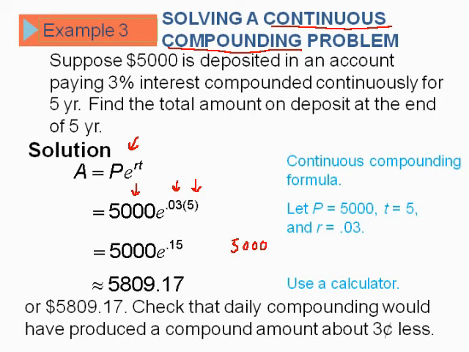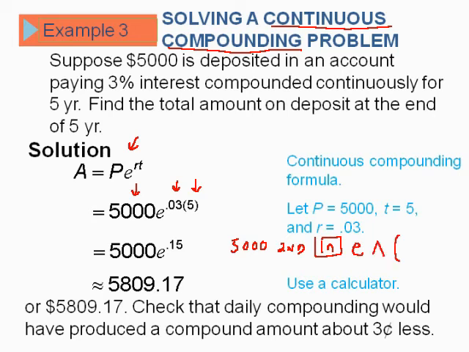Now, to get e, you usually have to hit the second key, and it depends on the calculators, but usually you are going to hit this ln here, which we'll get to in later lessons. When you hit 5,000 second ln, that's at least what my calculator does, it will put e to some caret here.